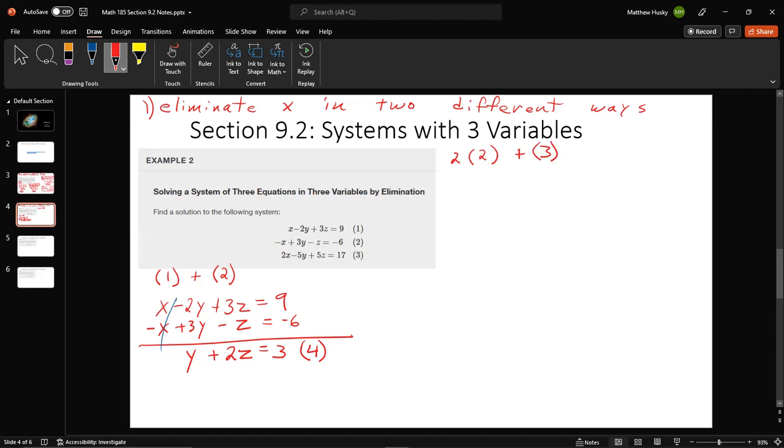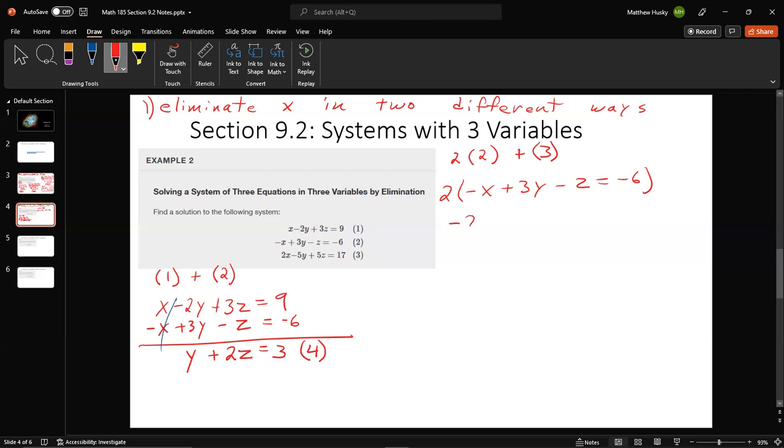So if I do 2 times equation 2, that's going to be 2 times negative x plus 3y minus z equals negative 6. So I'm going to multiply a 2 by each part of the second equation, equation number 2.